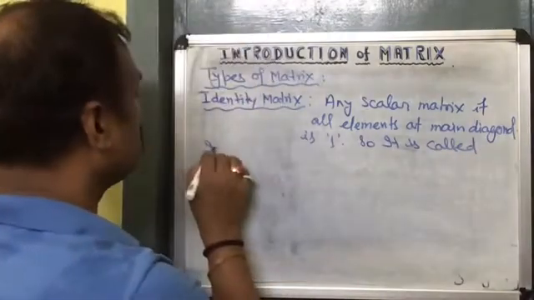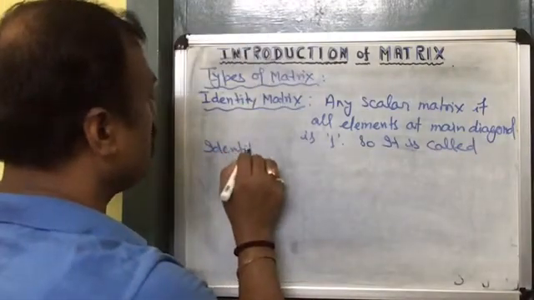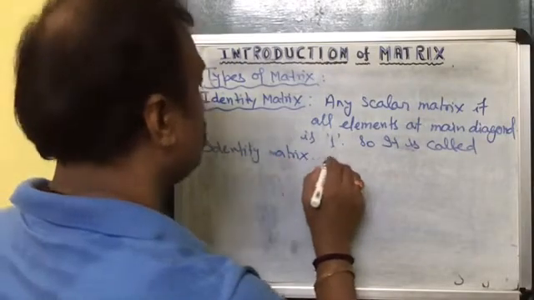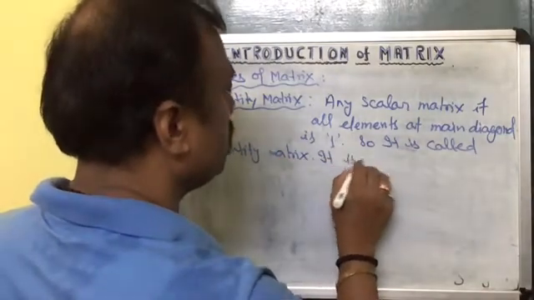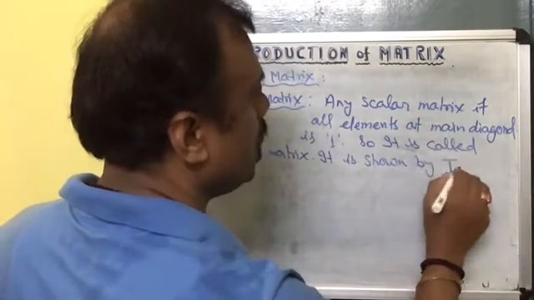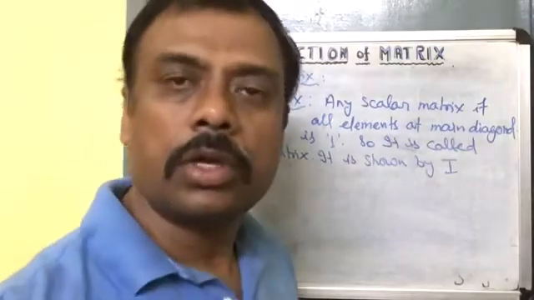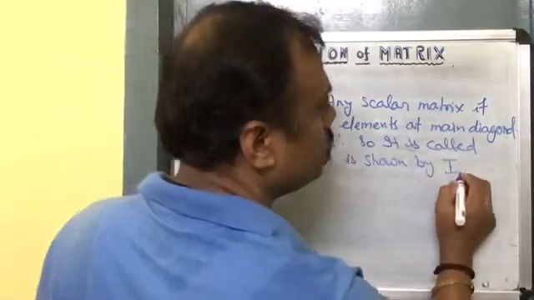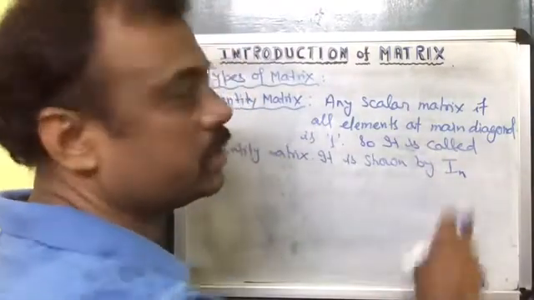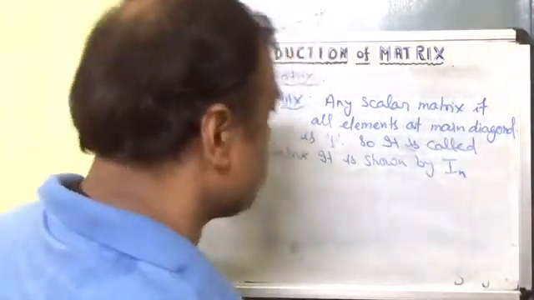identity matrix. And identity matrix is shown by I, and we can mention the order of the matrix here. Suppose it is n order or m order, so I will mention it here as In.